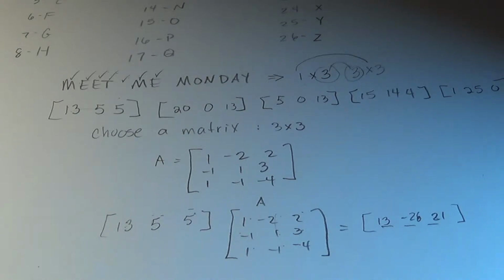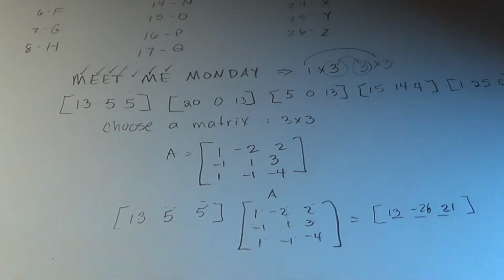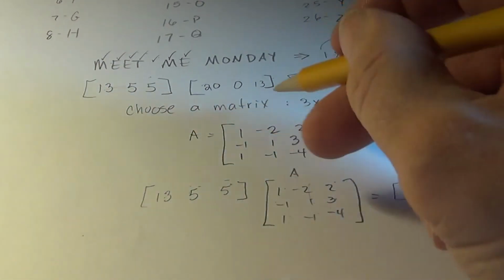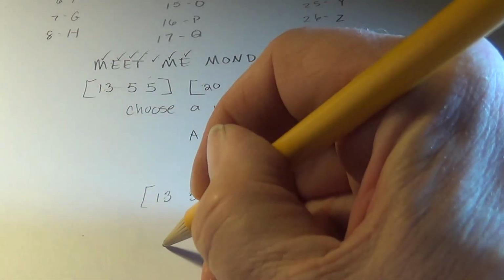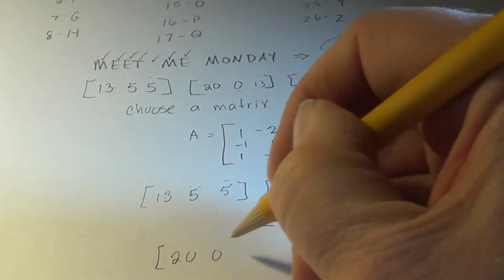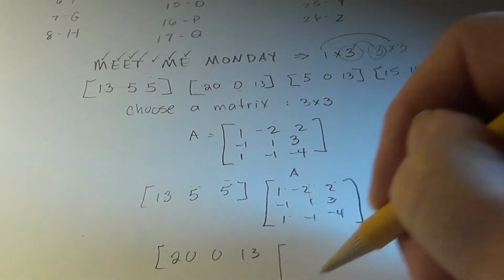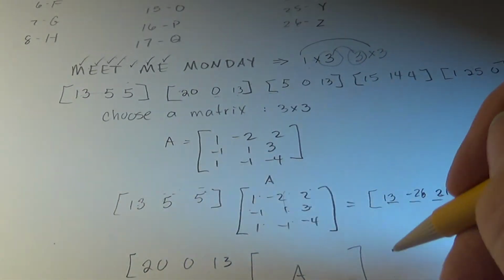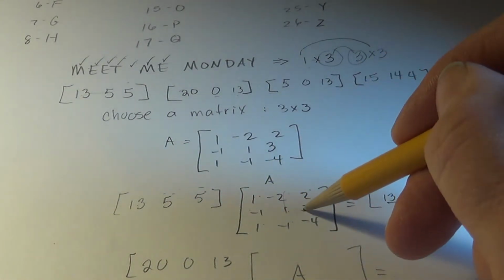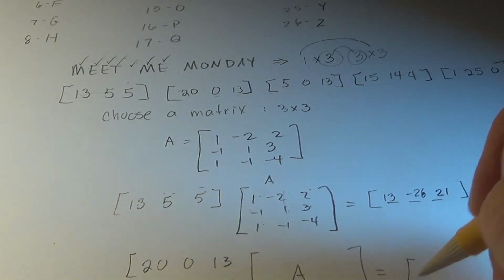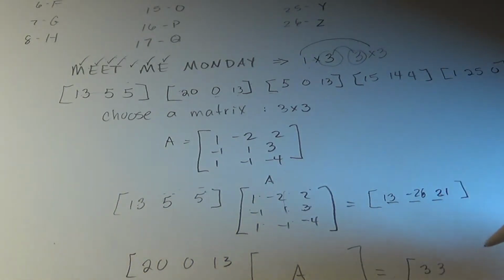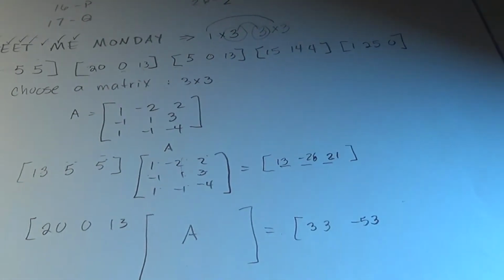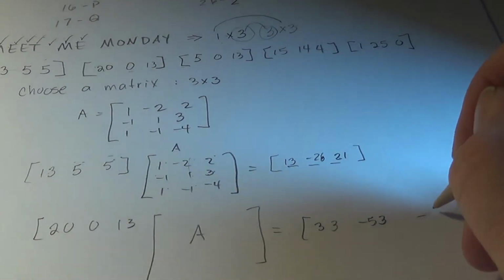I'm going to do that for every single one of these. So I'm going to take the 20, 0, 13 and multiply it times matrix A. I'm not going to do it and take up all the video time, but just like I did up here, I'm going to get 33, negative 53, and negative 12.